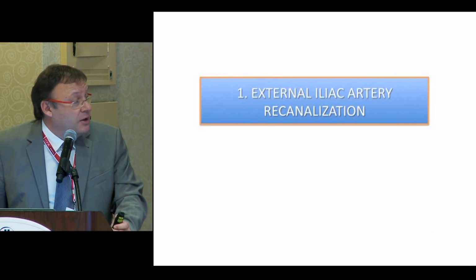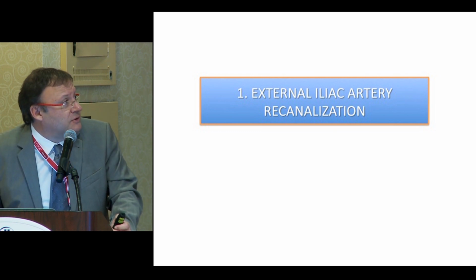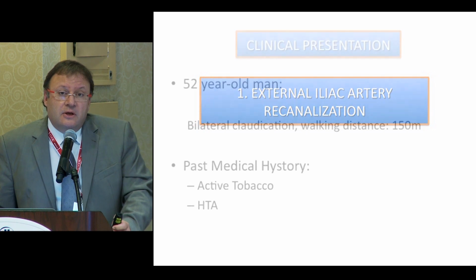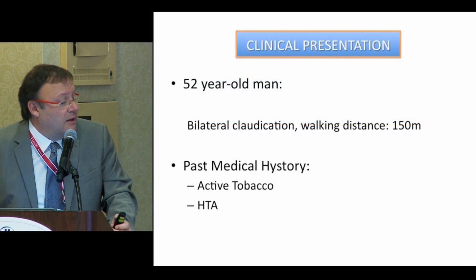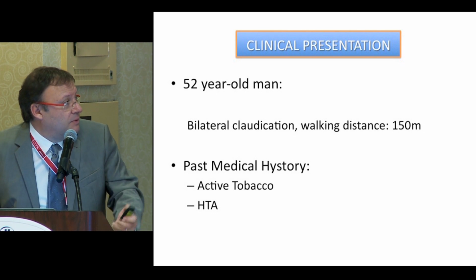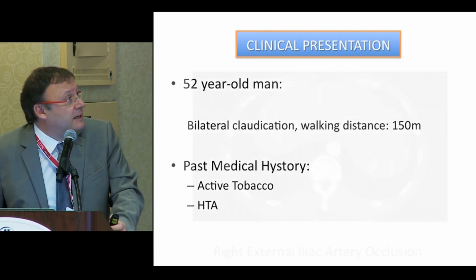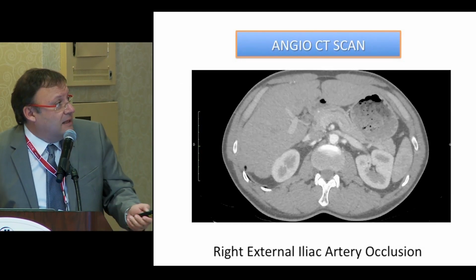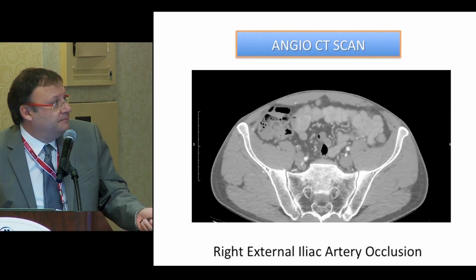I'll show you 4 cases, 2 for recanalization. The first case was a case we've done at the beginning of our experience. It was a young man suffering disabling claudication with no particular past history. He had this occlusion of the right external iliac artery.